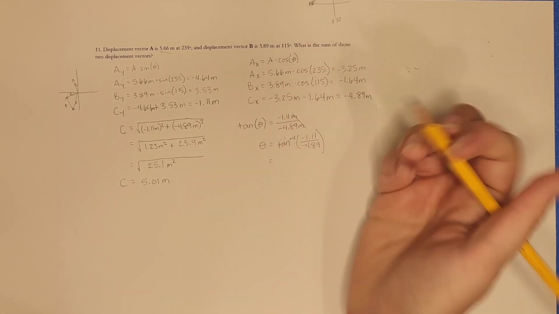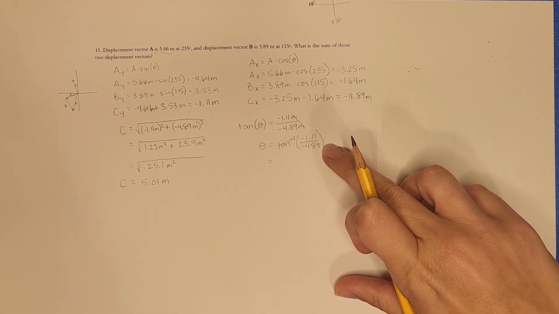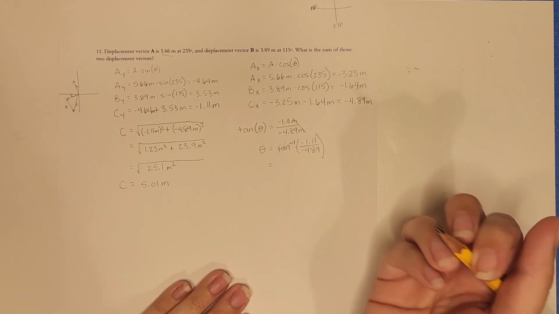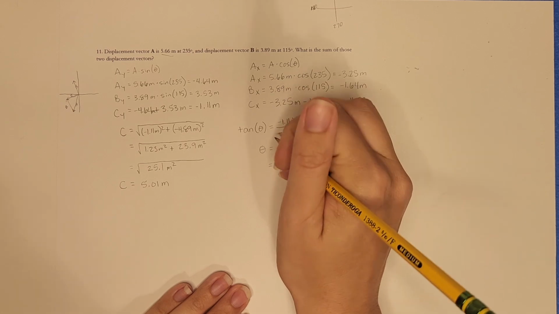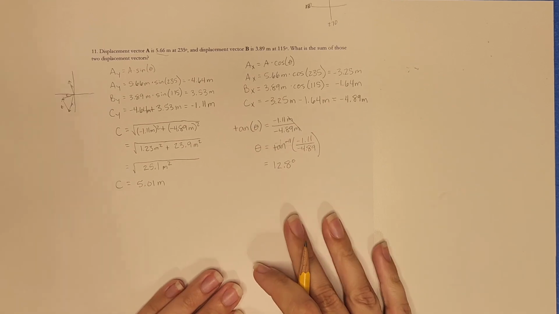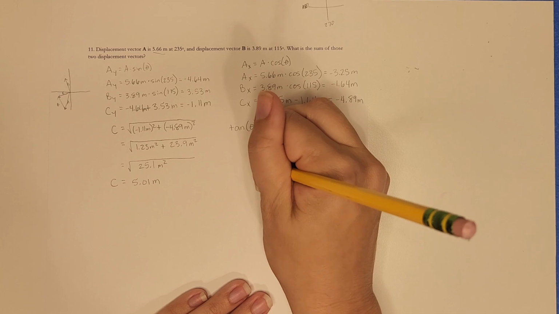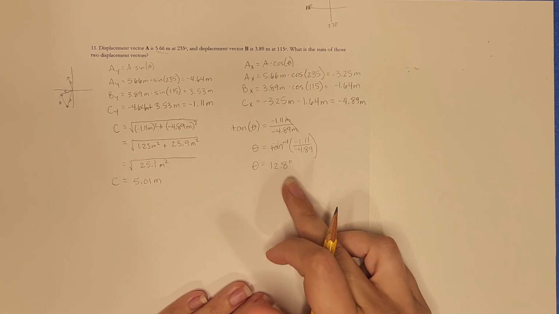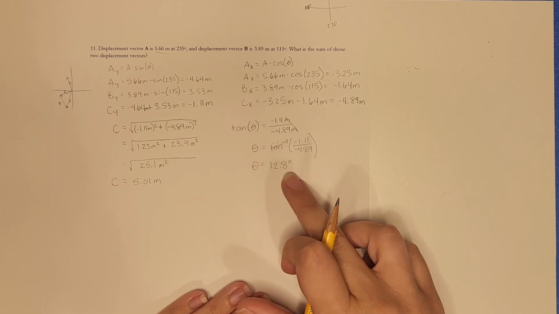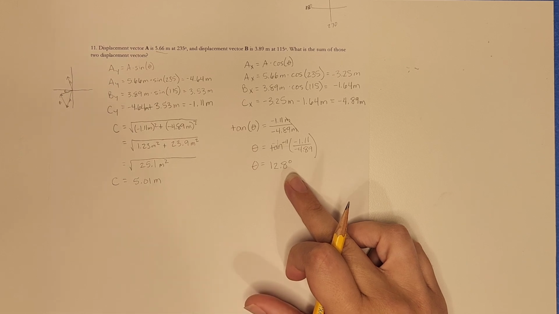Okay, and so when I do that, I'm going to be rounding to 3 significant digits, and we will get 12.8 degrees. Now, like I told you before, once I get this value, I'm going to check to see if it is in the right degrees or if I need to add anything to it based on what quadrant I am in.